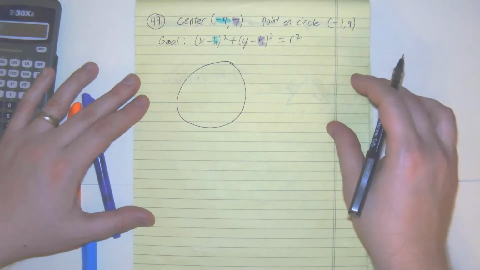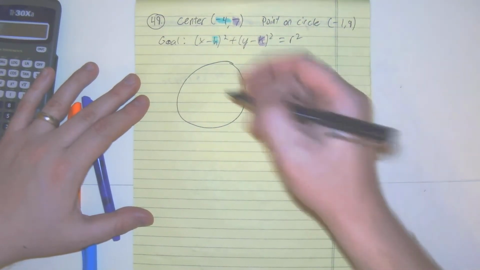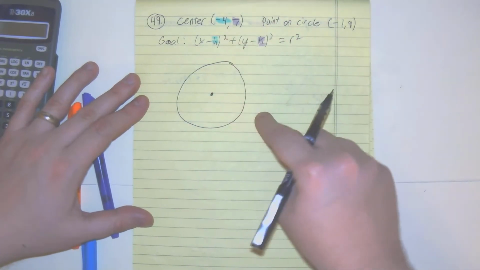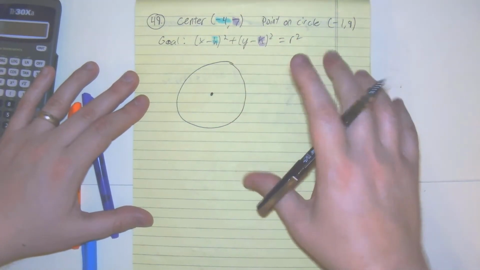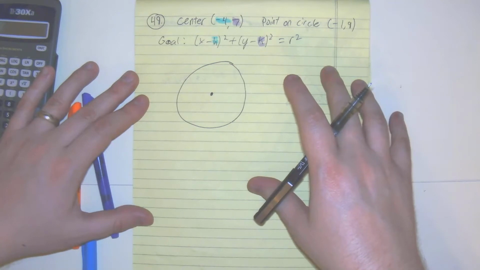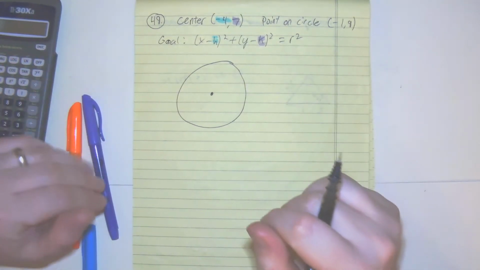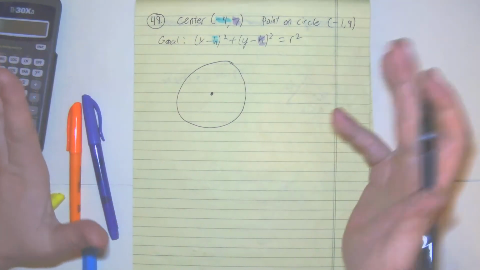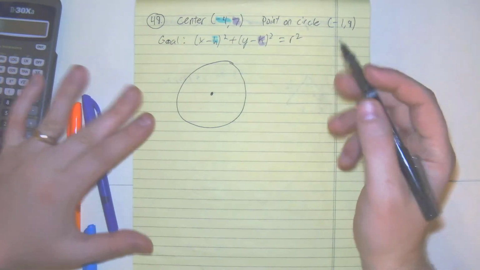So we have a circle right here. So the first thing we do is draw the center. And if you're in a testing situation, you don't have time to graph everything to be exact. So doing rough estimates like this to give you an idea is sometimes the best thing to do.